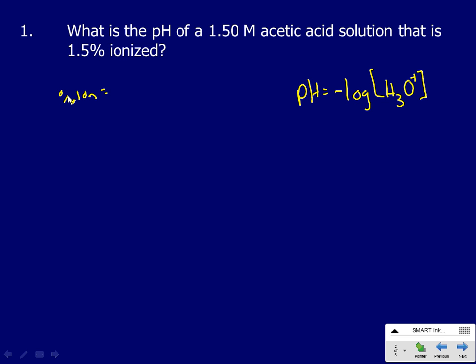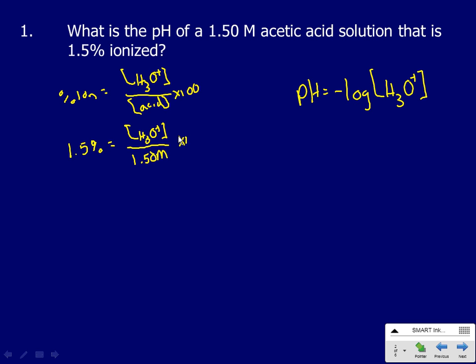Percent ionization is H3O plus over the acid times 100. 1.5%. I'm looking for the H3O plus. The concentration of the acid is 1.50 molar times 100.